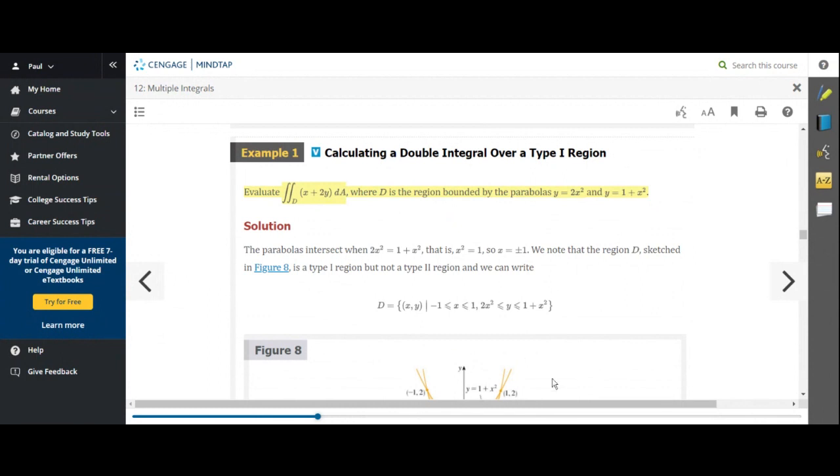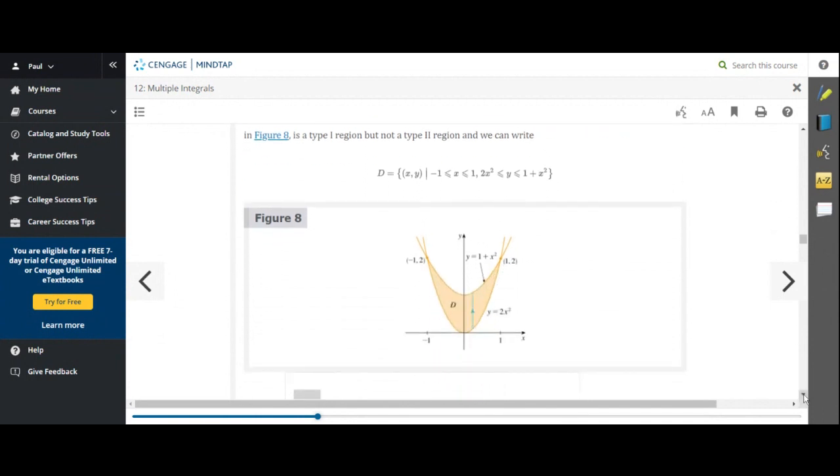In order to find that region, you need 4 limits. You got a parabola below, which in figure 8 is y equals 2x squared, and then you have a parabola above, which is y equals 1 plus x squared.